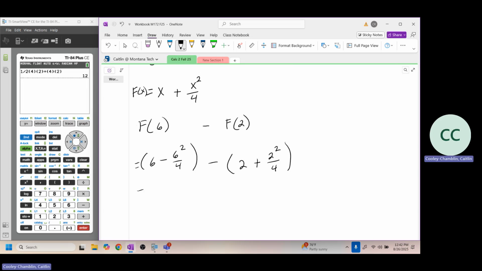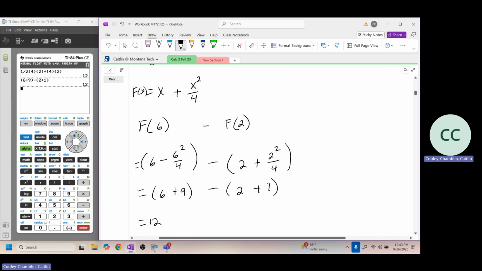And so what I get from here is 6 plus 9 minus 2 plus 1. I'm going to just type that into my handy dandy calculator. 6 plus 9, minus 2 plus 1. And I get 12.